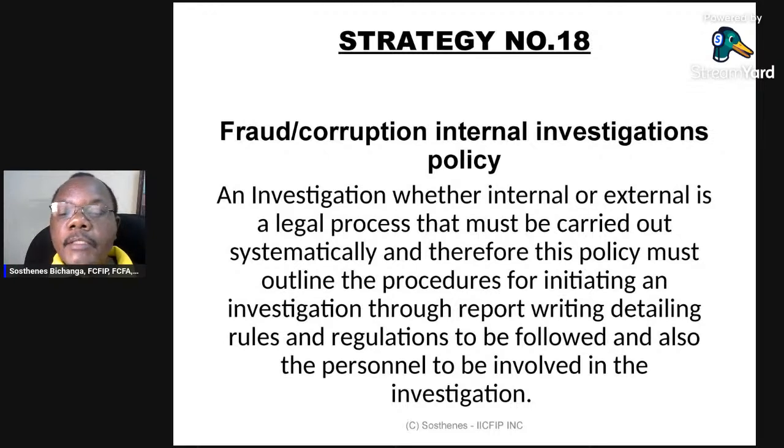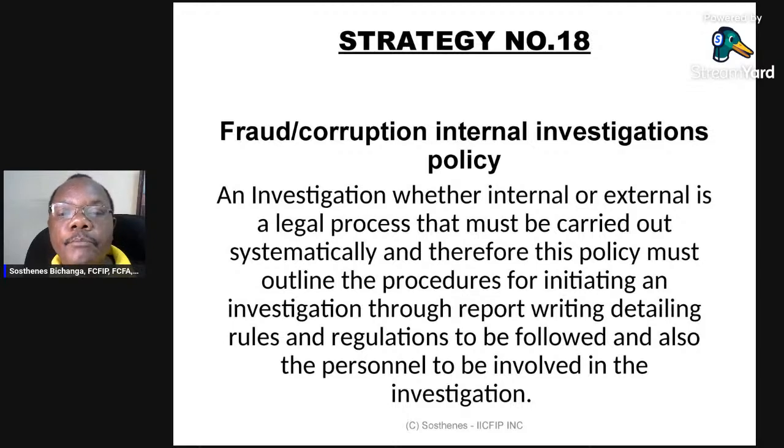C. Organizing and carrying out investigations as per the policy. D. Liaison with other department heads where the wrongdoing might have occurred so that he gets their cooperation in information sharing. E. Report writing. F. Reporting to the designated official of the organization.